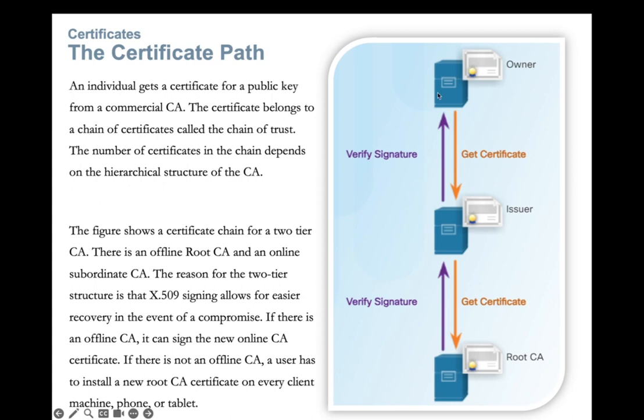The verified signature is sent to the owner. So that is the certificate path. In the next video session, we'll discuss database integrity enforcement for ensuring the integrity of data.